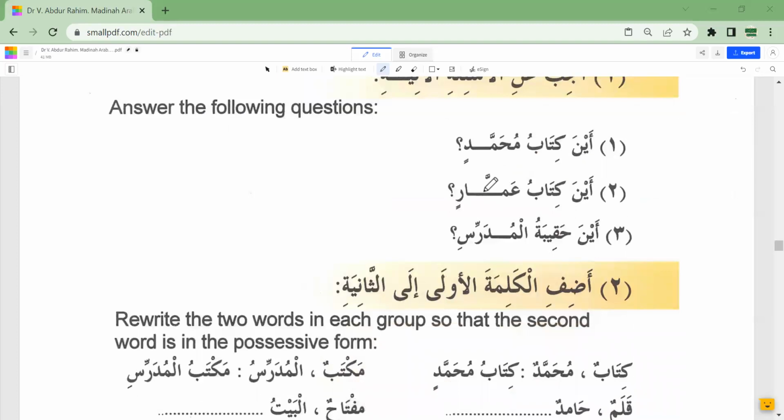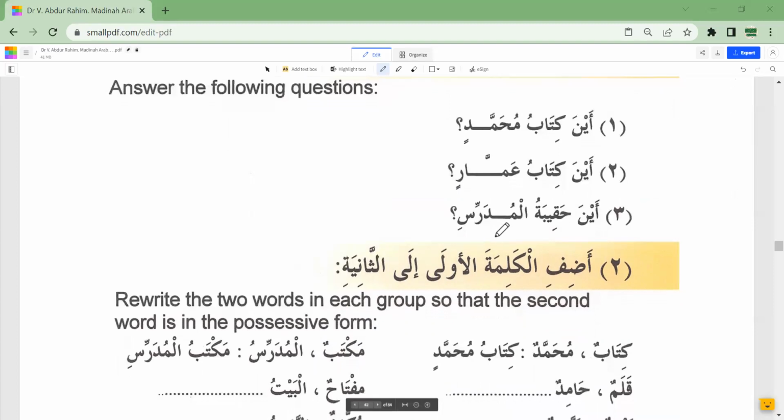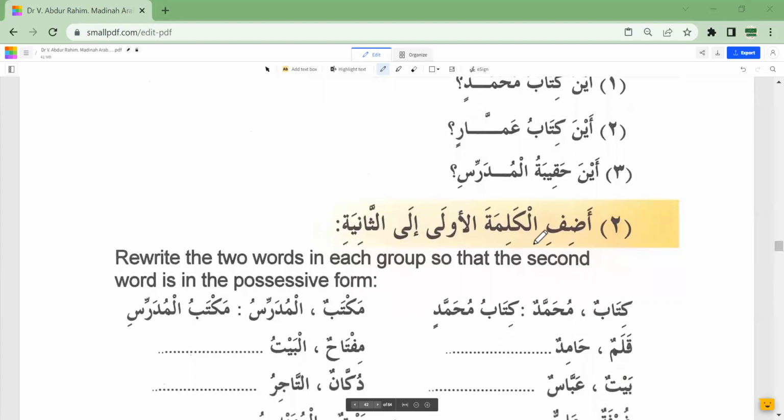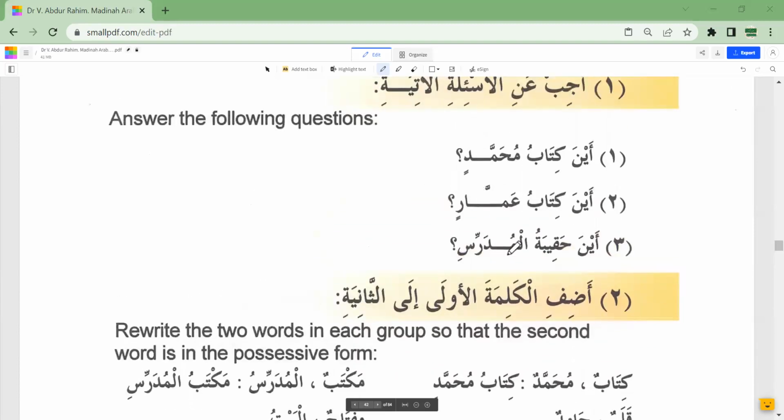Then أين كتاب عمار؟ هو تحت المكتب. Okay. أين حقيبة المدرس؟ هي على المكتب. Right. That's fine, no problem. These questions are just to see if you can form the sentence yourself as well.